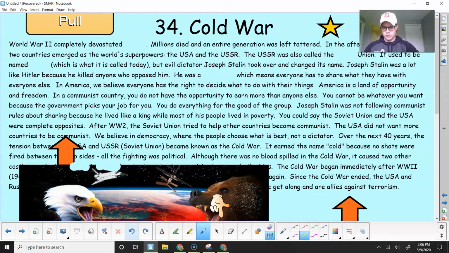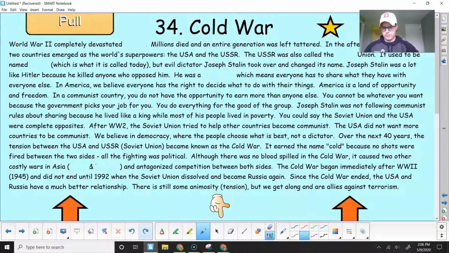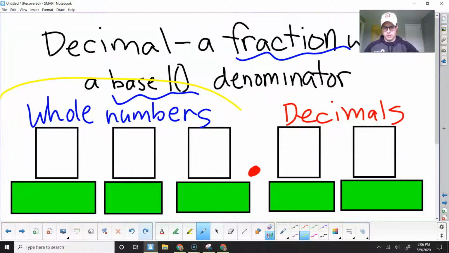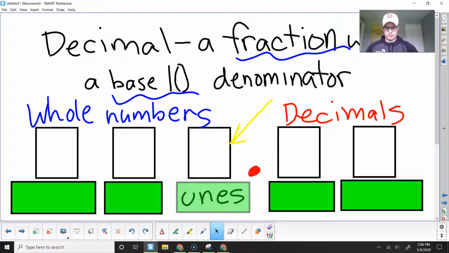So the very first place value, you know from way back when you first learned to count 1, 2, 3, 4, 5, 6, 7, 8, 9, and that first place value is the ones place.